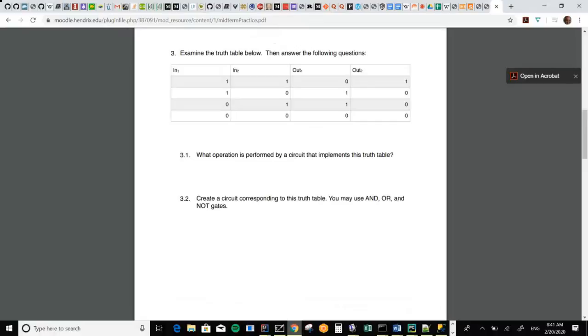Where have I seen that before? And sure enough, it's an AND gate. You can read it out of the truth table, but you can also think about it logically: if I'm adding 1 and 1, that's the only time I get a carry. Any other add, I'm not getting a carry.